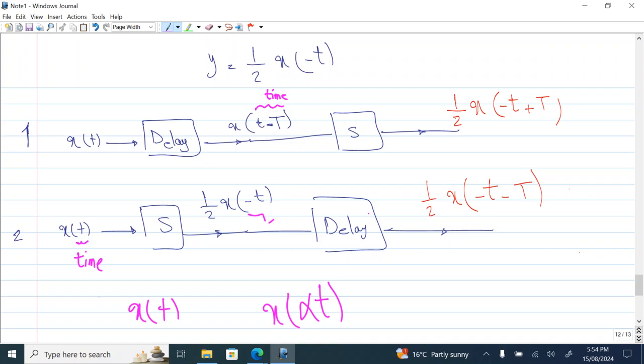The values are not the same. Think about the example of time here and, for example, in the United States. They're both times, but different values. If it's, I don't know, 6 p.m. here, it's 8 a.m. or 6 a.m. there. The values are different, both are times. Okay, so these two are not equal, and that's why that's not time invariant.